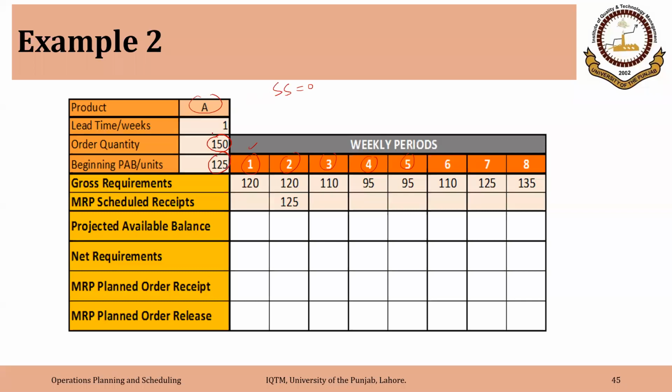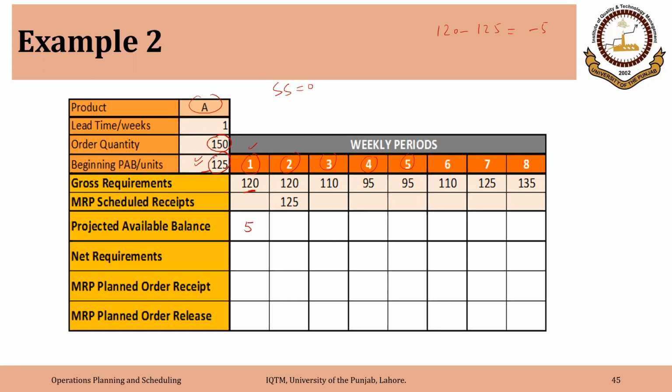So for the first period, the gross requirements are 120 and available inventory is 125. So the net requirements are negative. So we will not have any planned order receipt in this case. After meeting this requirement of 120 using these 125 components, we will have a balance of 5.